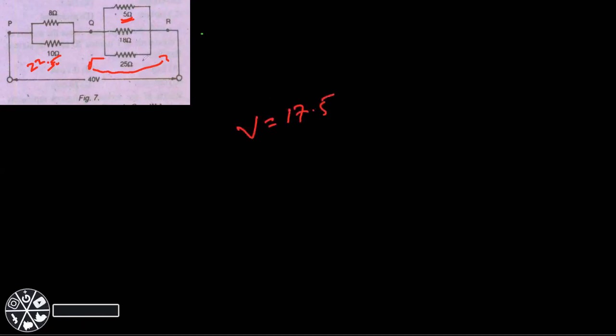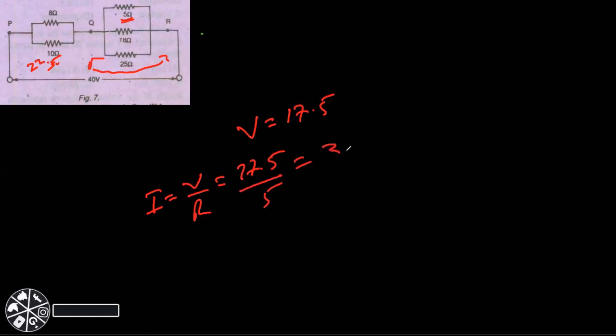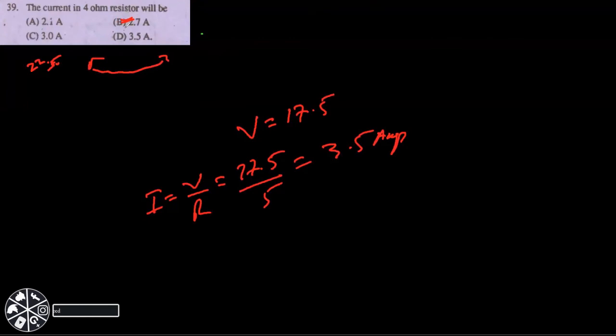So the current in this resistor will be I equal to V divided by R, which is 17.5 divided by 5. That will be equal to 3.5 ampere. So option D will be the correct answer.